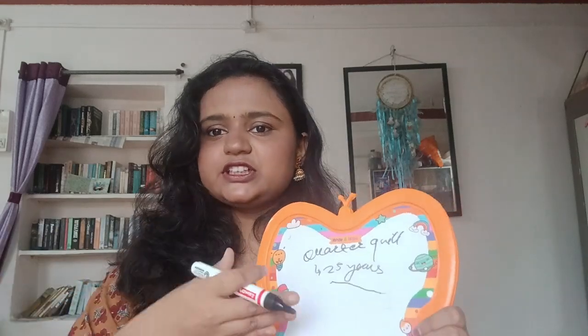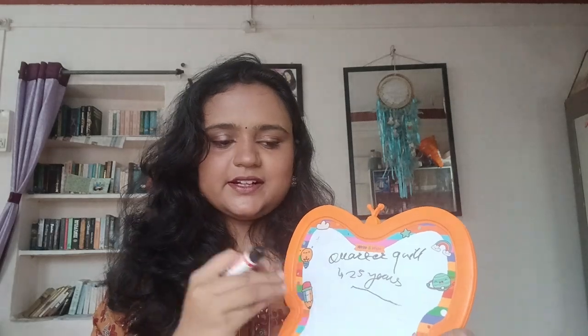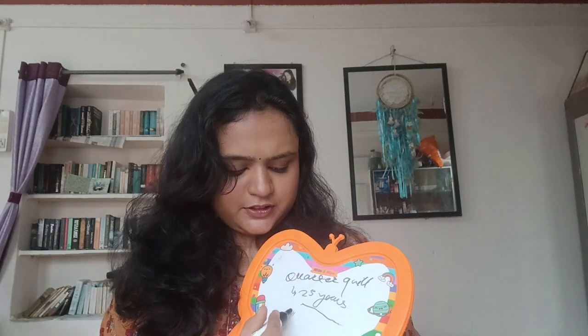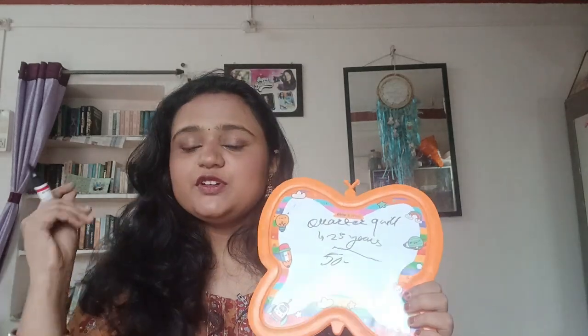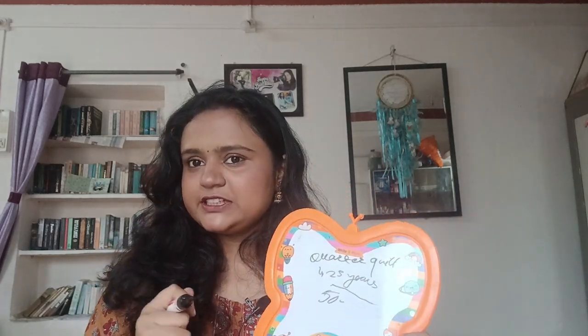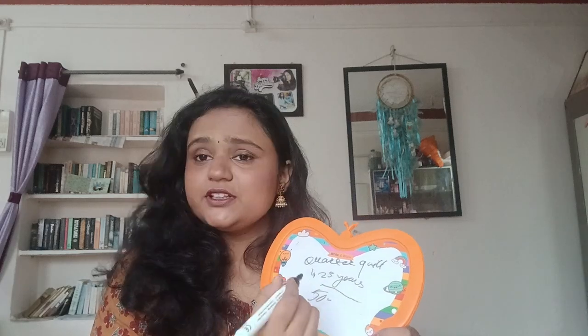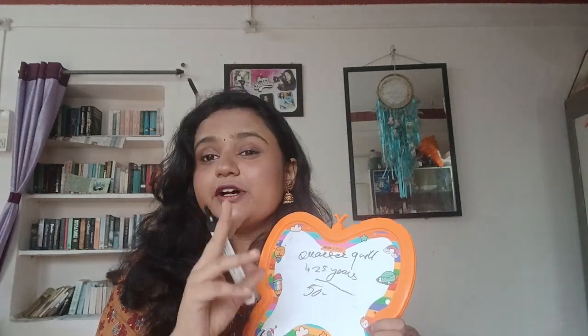So what is so special about this Quarter Quell is that every 25 years this game happens, okay, and a new task is added, like a new problem is added in every Quarter Quell. Like in the 50th, which is the game that was played by the only living victor of District 12, there were twice as many tributes.